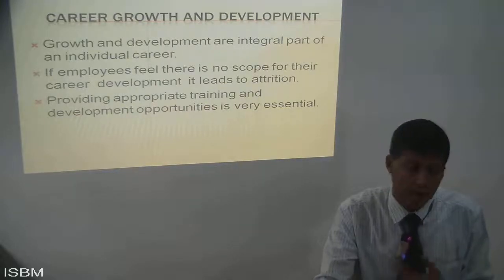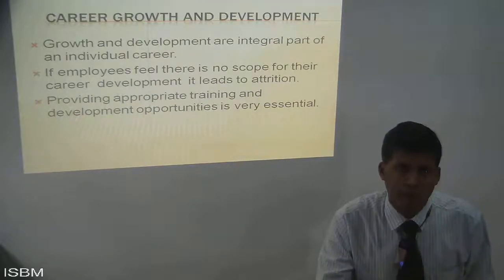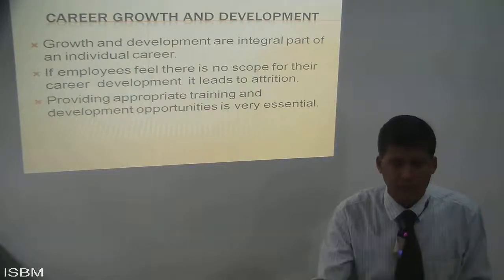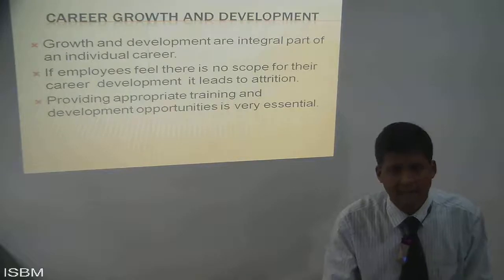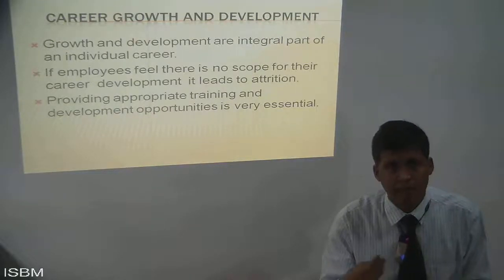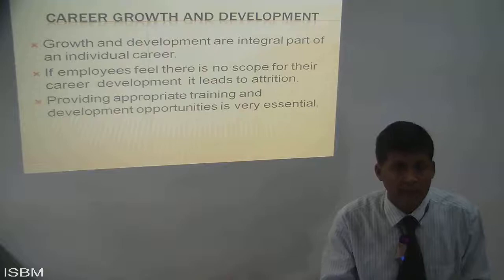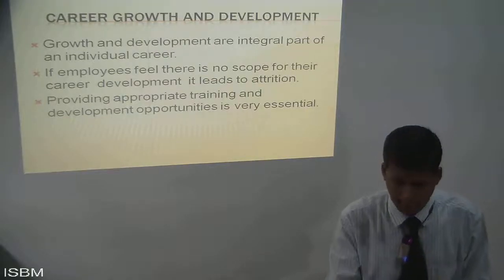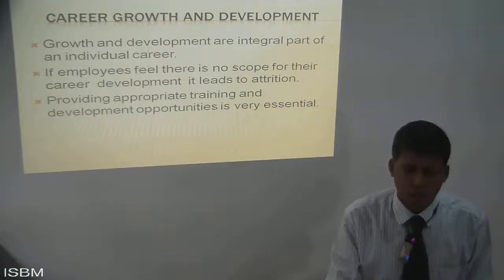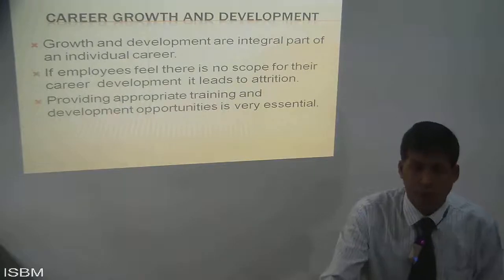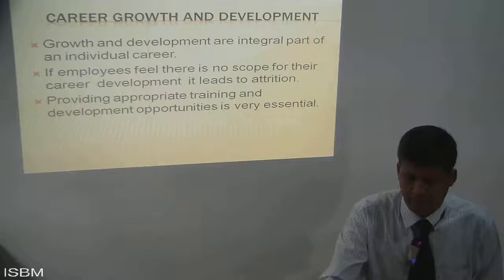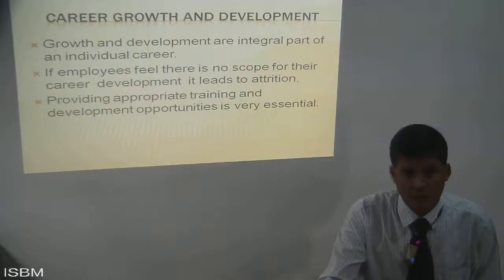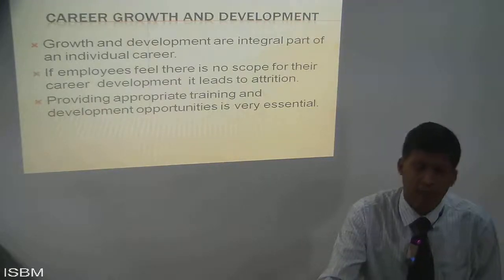So if it's an innate and inborn track, it's important that we ignite and keep the flame of growth burning alive. If employees feel there is no scope for their career development, this is one of the reasons that leads to attrition. Providing appropriate training and development opportunities is also essential.